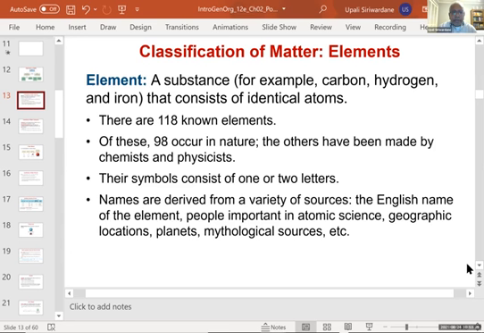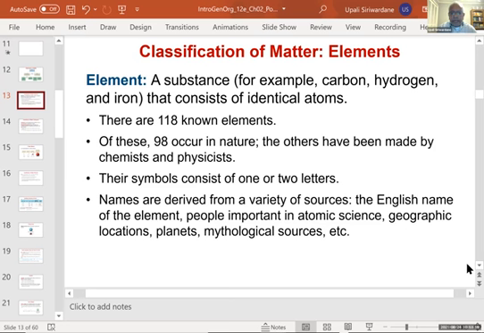Out of these 118, 98 occur in nature. About 82 of these are stable, and about 16 are unstable, radioactive.